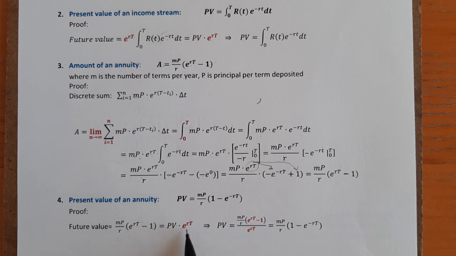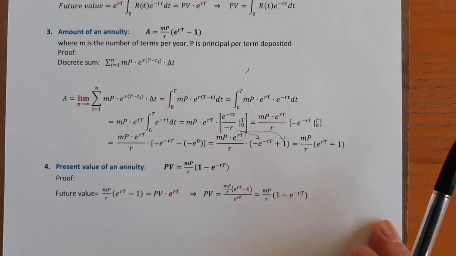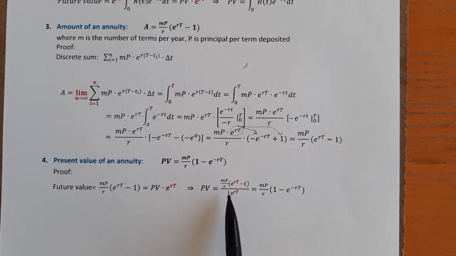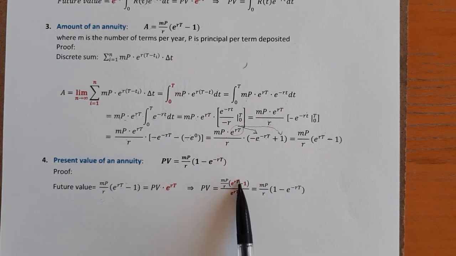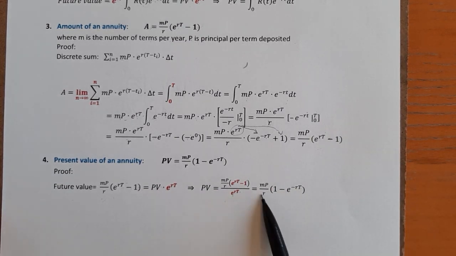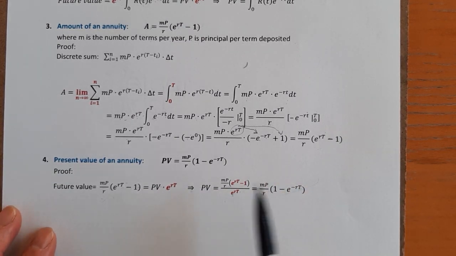Then divide both sides by e to the power rT. Then you get mp over r times e to the power rT divided by e to the power rT, which is 1, minus 1 over e to the power rT, which is e to the power negative rT. So this is the present value.